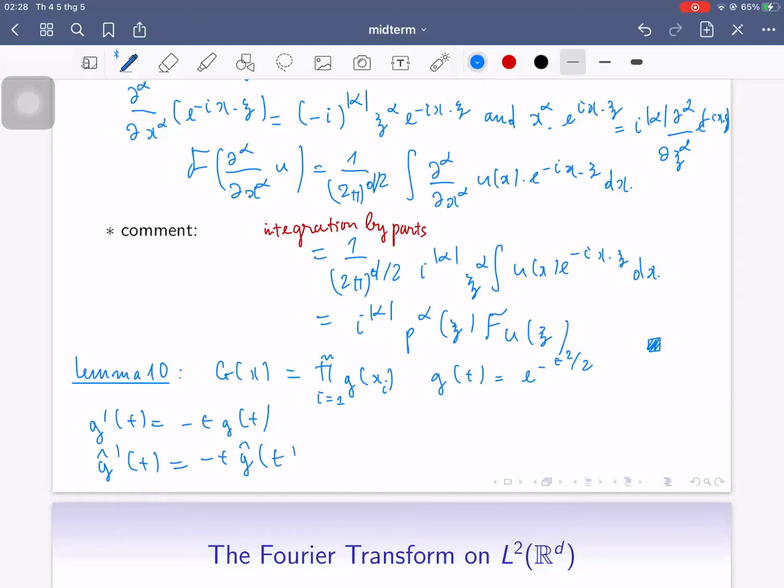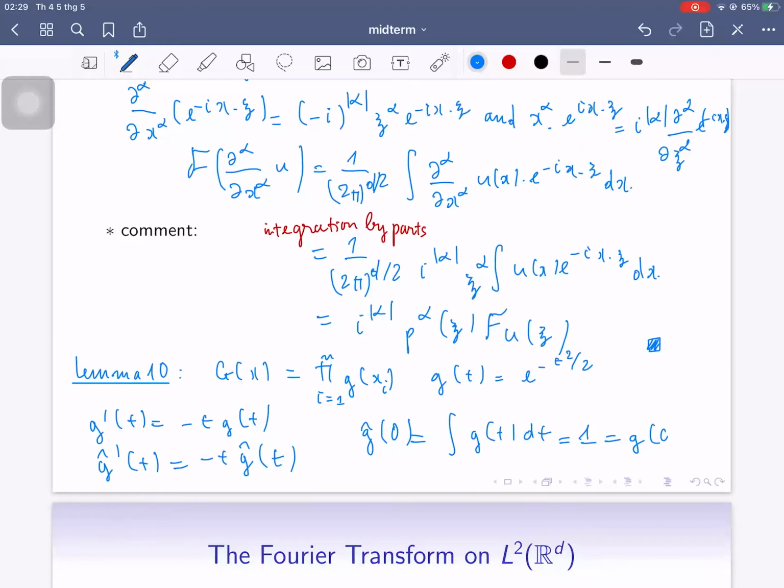And we also get g hat of 0 equal to the integral of g(t) dt, and it's a Gaussian function, so it equals 1 and equals g(0).